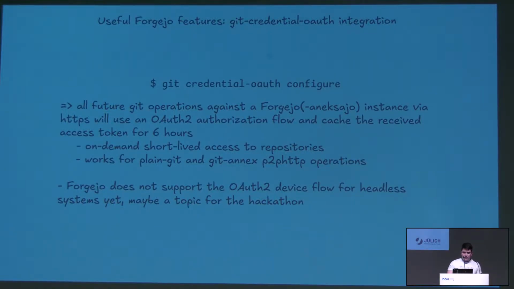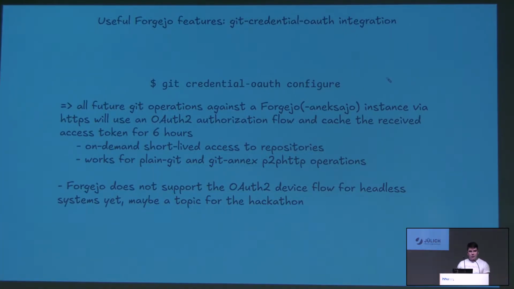Which means you can, if you have git credential OAuth installed and you run this one command here, then all future git operations will automatically use an OAuth authorization flow to authenticate with your Forgejo instance. And that means you say you want to push to the repository, and if you don't yet have an access token cached, then it will give you a link to open in a browser. You say, I approve this application, and then it gets the access token, and it works.